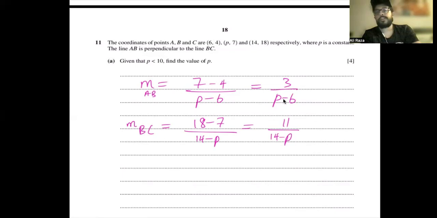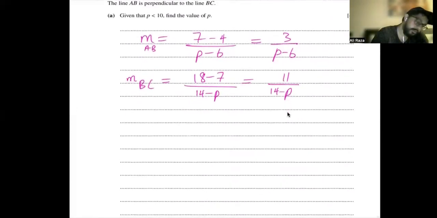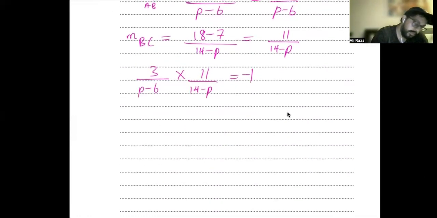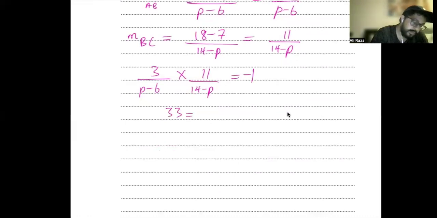Now, the product of these two should be equal to minus 1. So 3 over P minus 6 multiplied by 11 over 14 minus P is equal to minus 1. 33 is equal to P minus 6 times P minus 14.